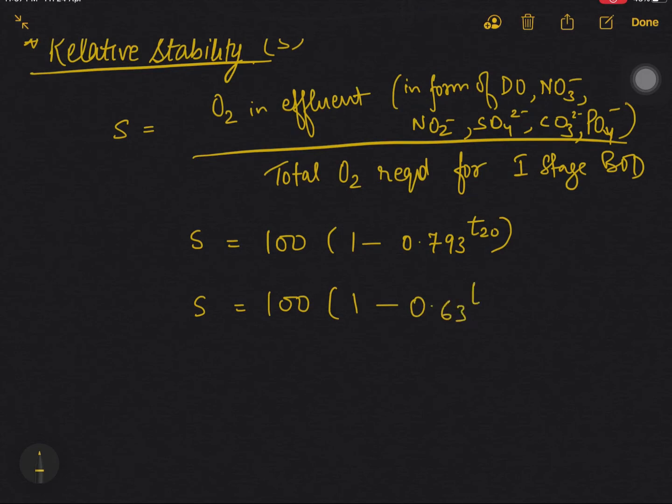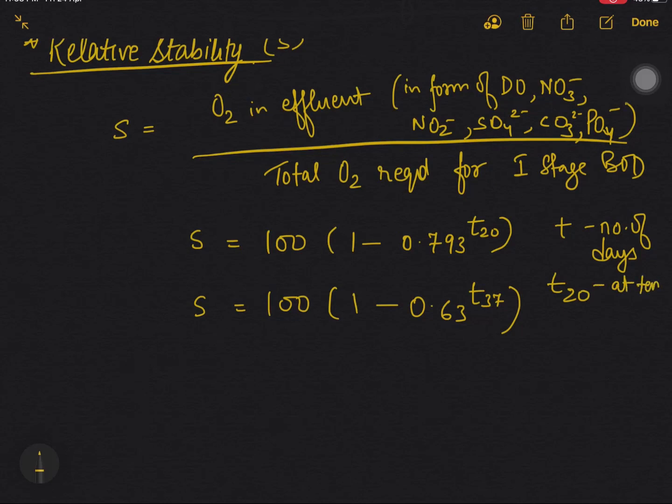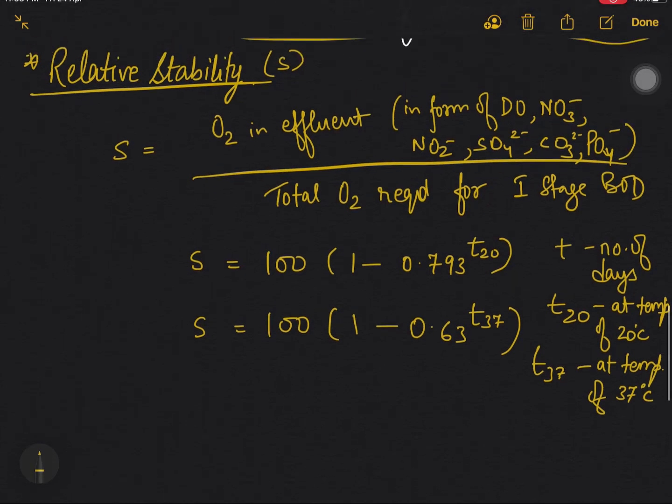It may be written in another form also, 100 into 1 minus 0.63 to the power T37. What it means is T is in number of days, and T20 means at a temperature maintained at 20 degrees centigrade, and similarly T37 means at a temperature of 37 degrees centigrade.